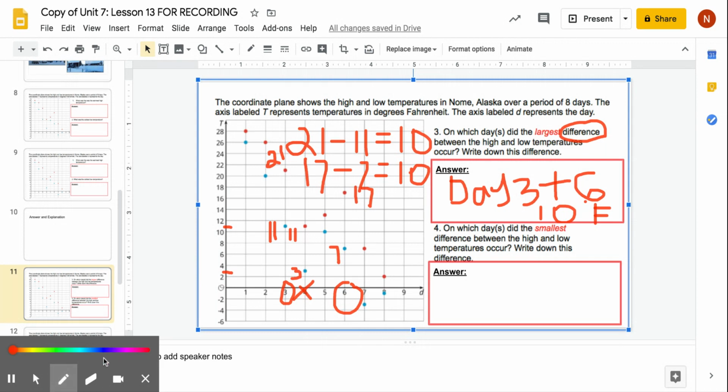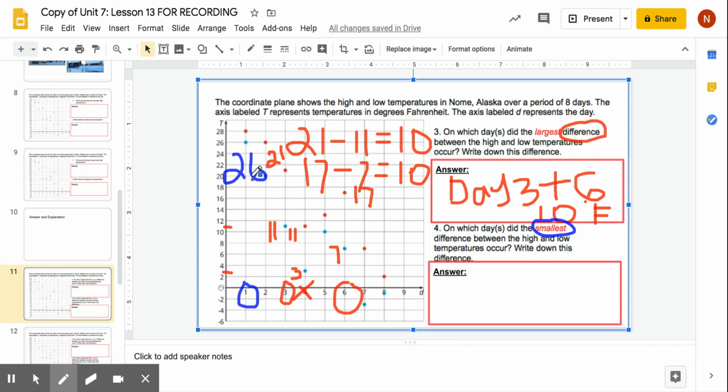I'm going to take my pen and I'm going to show the smallest with blue. So if I look over here on day number 1, my low temperature is 26 degrees and my high temperature is 28.